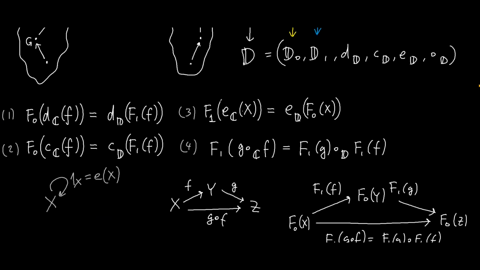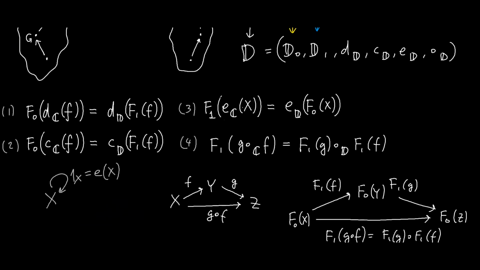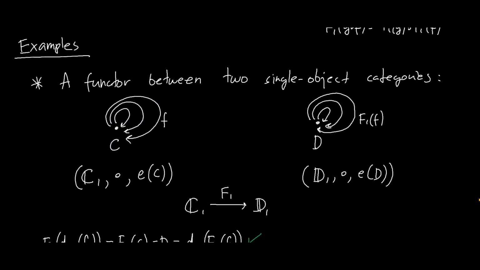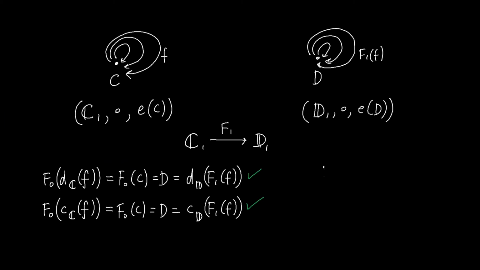The properties 3 and 4 will not hold for free. The property 3 is preservation of the identity morphism. So we will be saying that F1 of E of C equals E of D. Why did we say that?